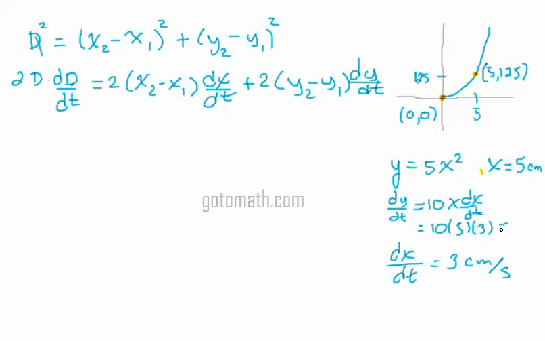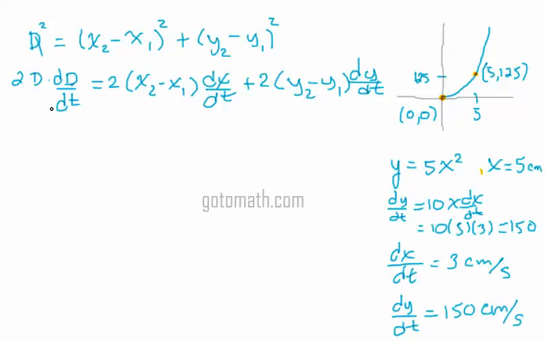That's equal to 150. So dy over dt is equal to 150 centimeters per second. Alright, we have everything that we need now.